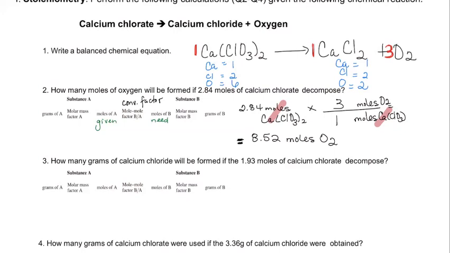When we look at problem number 3, it reads, how many grams of calcium chloride will be formed if 1.93 moles of calcium chlorate decompose?